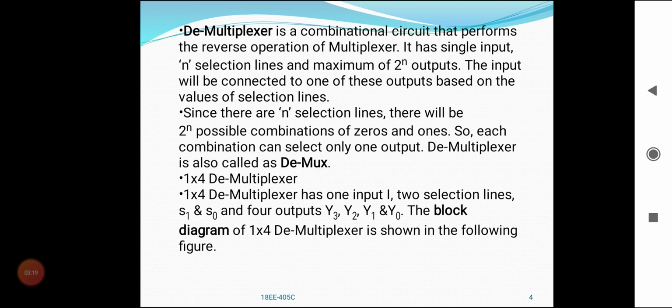A 1 to 4 demultiplexer has one input I, 2 selection lines S1 and S0, and 4 outputs Y3, Y2, Y1 and Y0. The block diagram of the 1 to 4 demultiplexer is shown in the following figure.